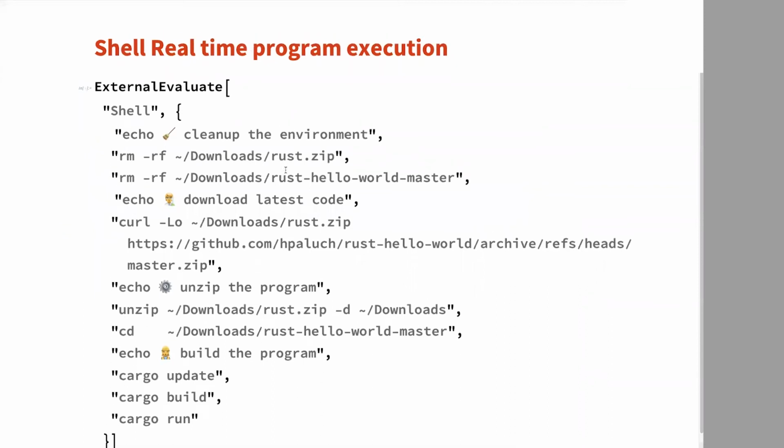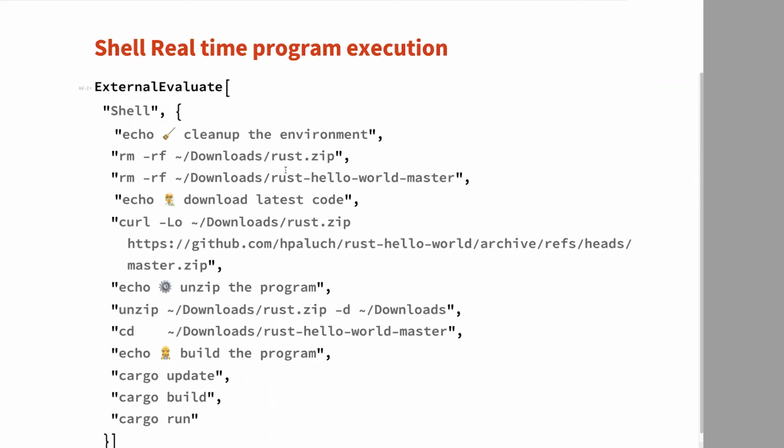And yeah, one thing that I'm doing here, nothing too complicated, I'm doing something like continuous integration kind of things where I am downloading a program. I am cleaning up the environment, downloading the program, then I'm unzipping it, and I'm going into the directory to build the program using Cargo and Rust.